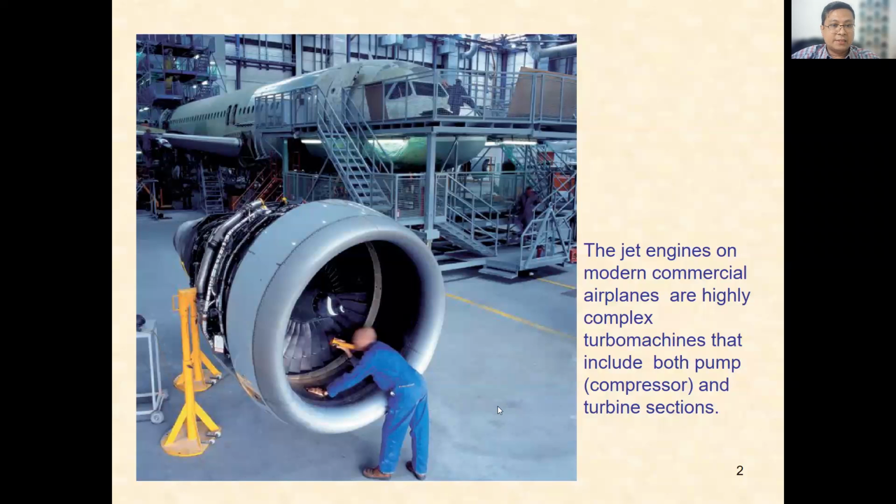For example, we can see here the jet engines on modern commercial airplanes are highly complex turbo machinery that include pump, compressor, and turbine systems. Certainly, the turbine of a jet engine involves both turbine and pump in one machine.